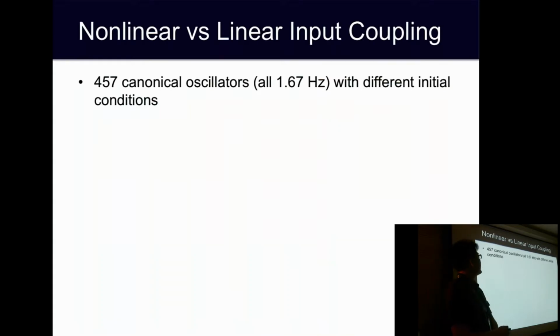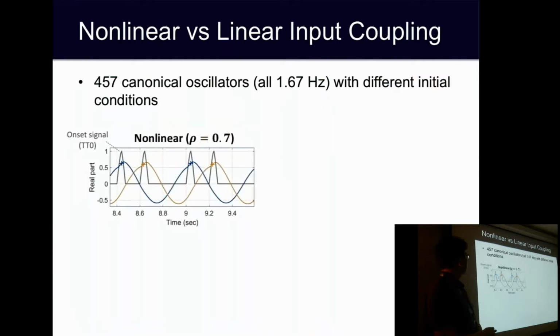To test this, we ran 457 oscillators, all tuned to 1.67 hertz. That matches the period of the TT0 rhythm, which is 600 milliseconds. The oscillators started from all different initial conditions.